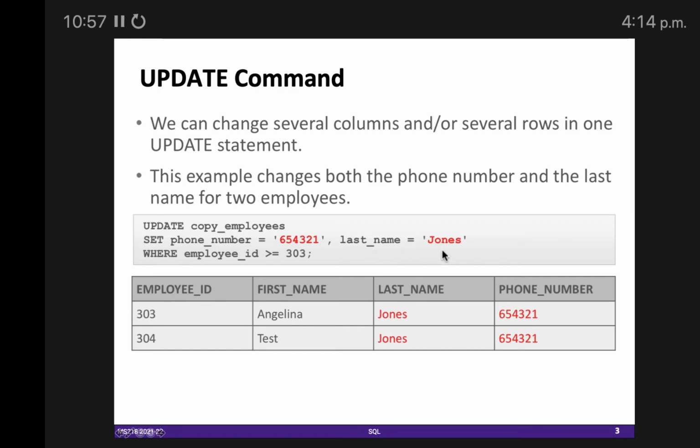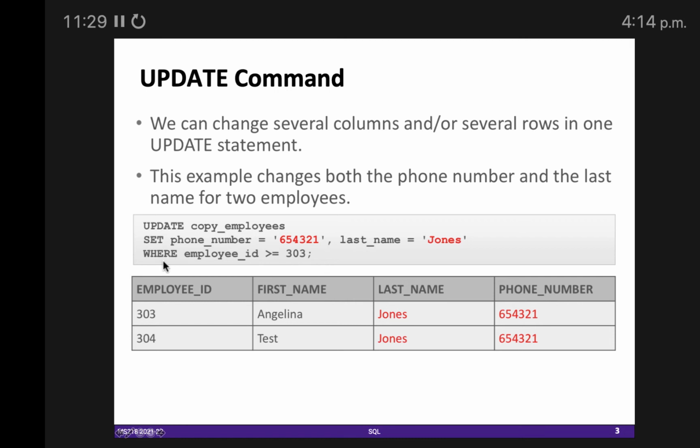In this query we are changing 2 things, but the important thing for update is that we have to provide criteria, otherwise it will change the complete column for all users. It will set phone number equals 654321, and obviously we don't want to change phone numbers of all students to one number. So that's why we need to specify this criteria condition.